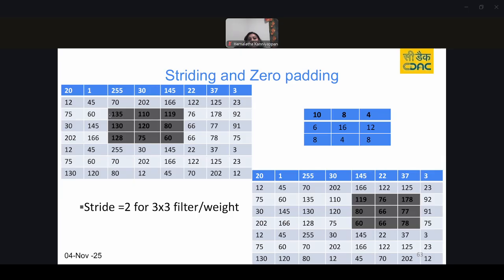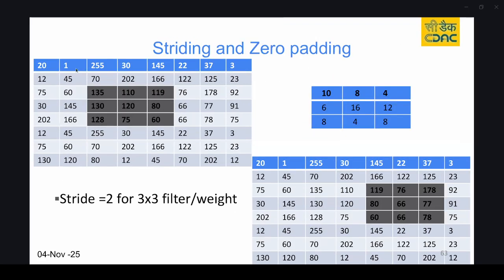But if you have stride 2, I first perform the convolution operation on this 3x3, then I skip two columns and perform the next convolution operation on this 3x3. Then I perform it on this 3x3, so I skip two columns. So if stride equals 2, I skip two columns; if stride equals 3, I skip three columns.